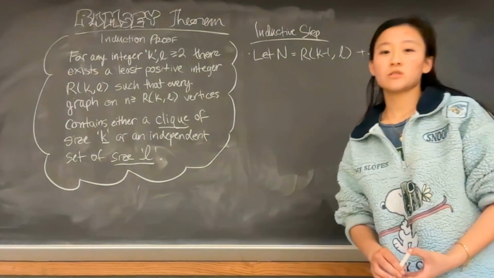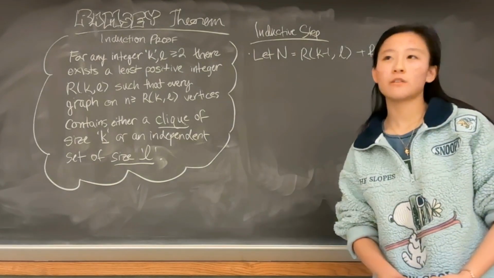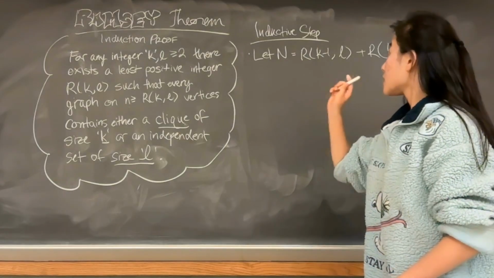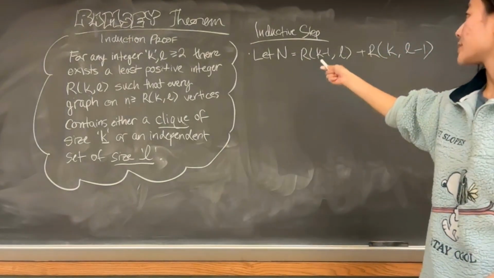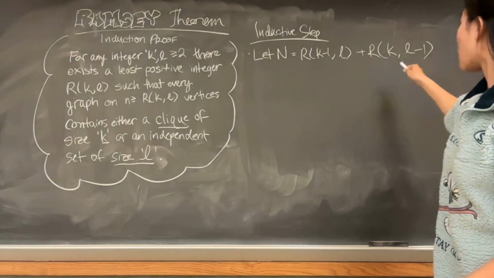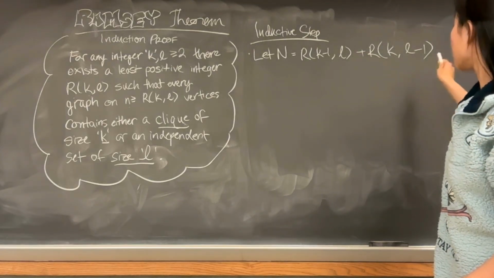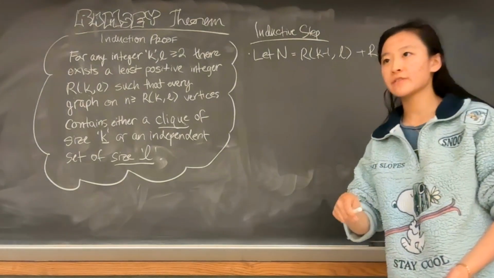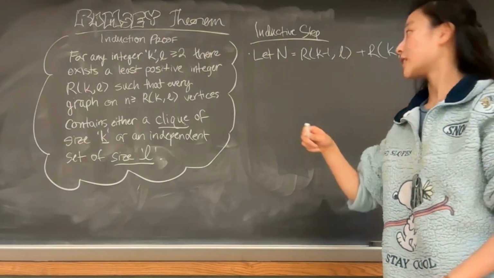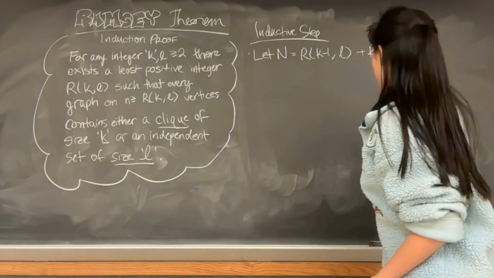Now we are on to the inductive step of our Ramsey's proof. So, to start, let n be equal to R(k-1,l) plus R(k,l-1). Remember previously we set R(k,l) to be less than or equal to this expression here.